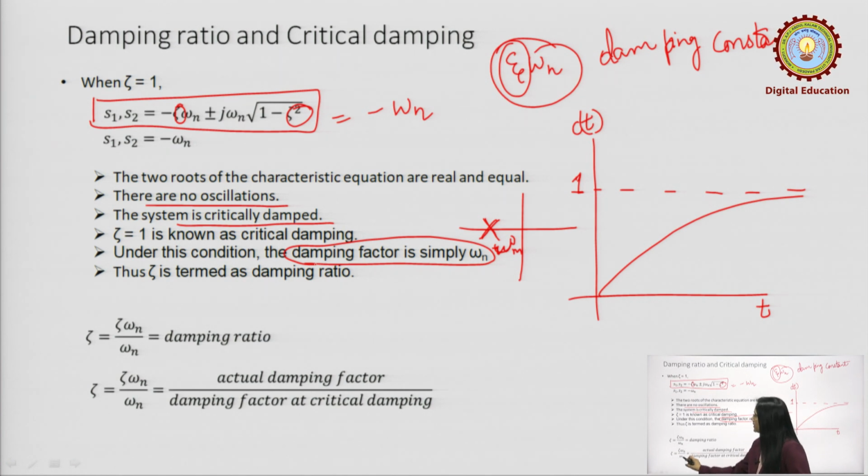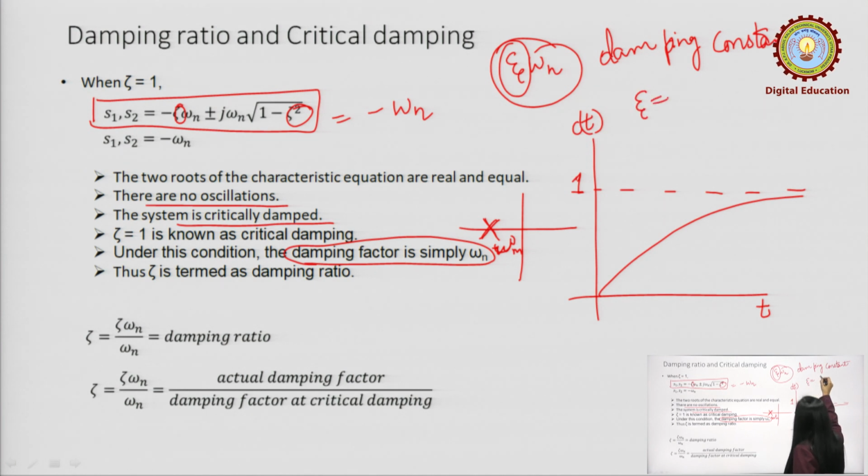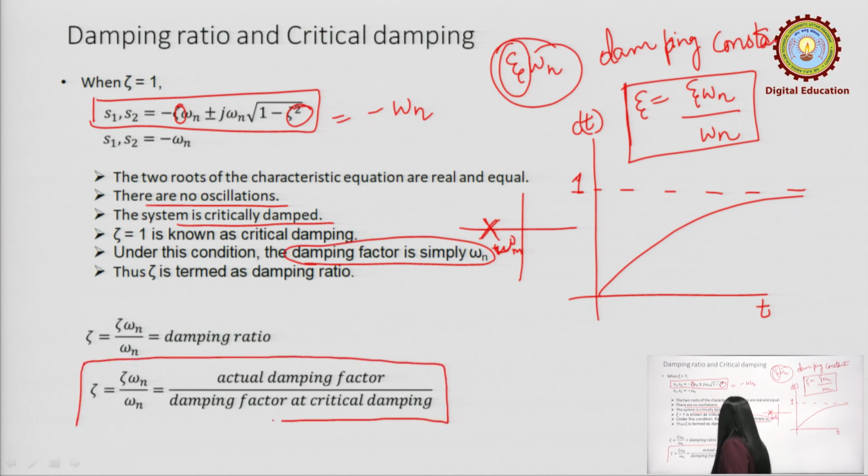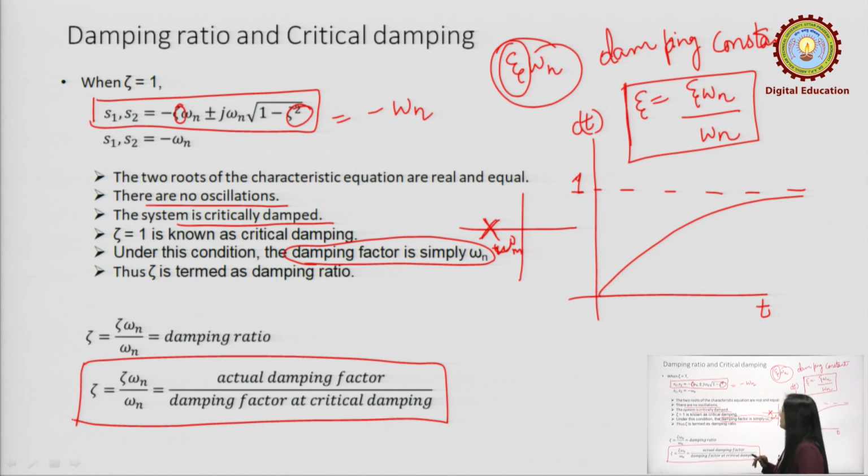Zeta is equal to zeta omega n upon omega n, which is equal to actual damping factor upon damping factor at critical damping. Therefore, the condition zeta equal to 1 is known as the case of critical damping.